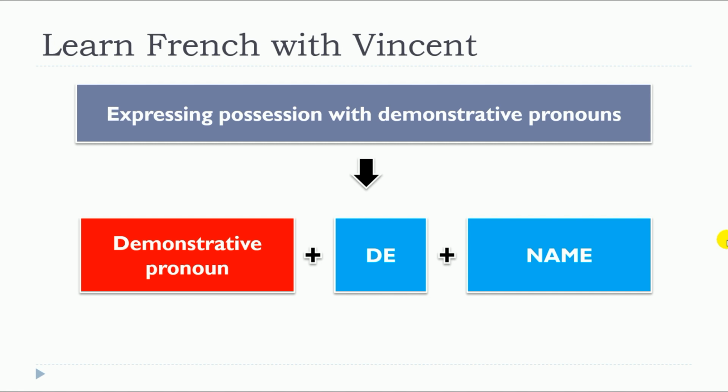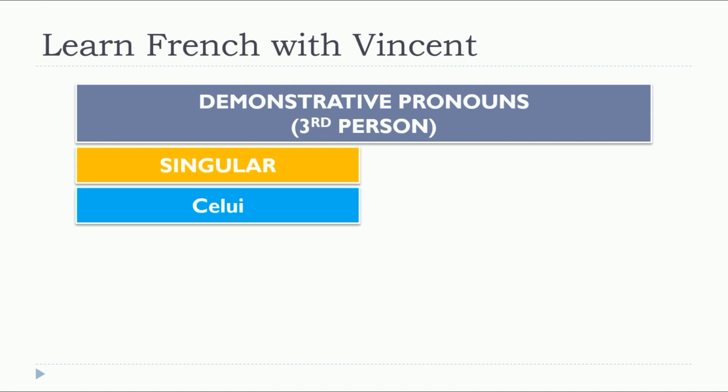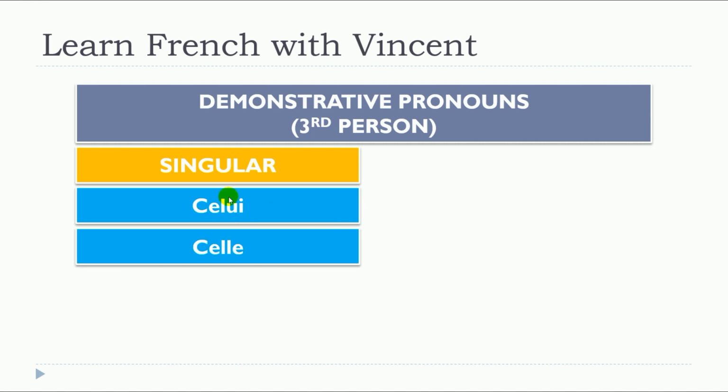So let's have a look at, of course, the demonstrative pronouns. If you don't remember what they are, let's cover it fast, but then I definitely advise you to have a look at the lesson I've made on these demonstrative pronouns. For the singular, it will be celui for the masculine, then for the feminine singular, it will be celle.